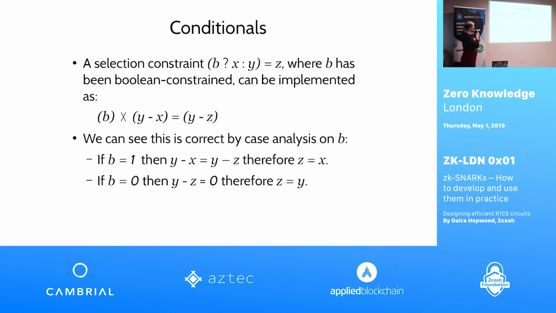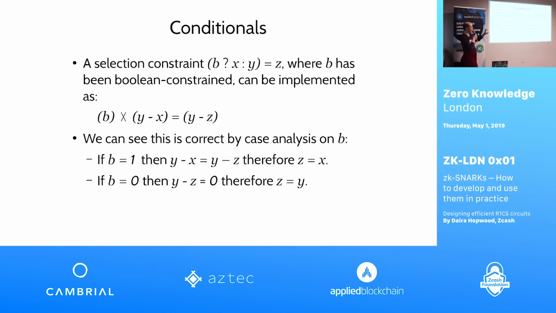So we also need to be able to implement conditionals. Now, in an ordinary programming language, you'd say if some condition, then some piece of code A, else some piece of code B. You can't really do that in a constraint system. Or rather, the cost of it is going to be the size of A plus the size of B. So you can't get away with conditionally paying the cost depending on what the truth value is.